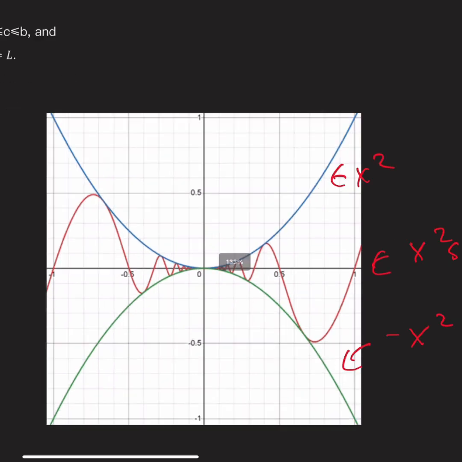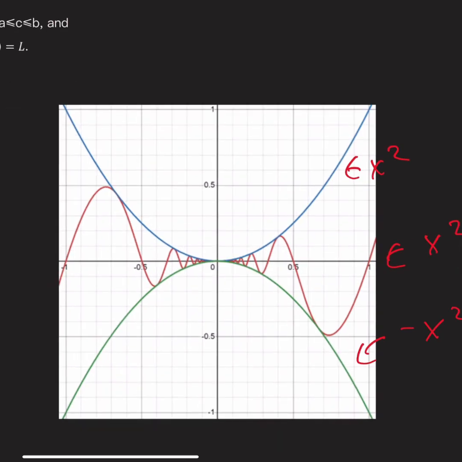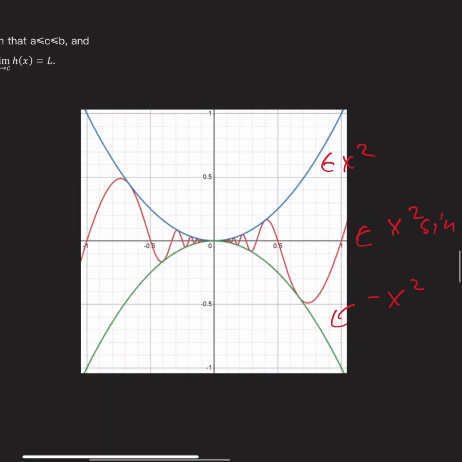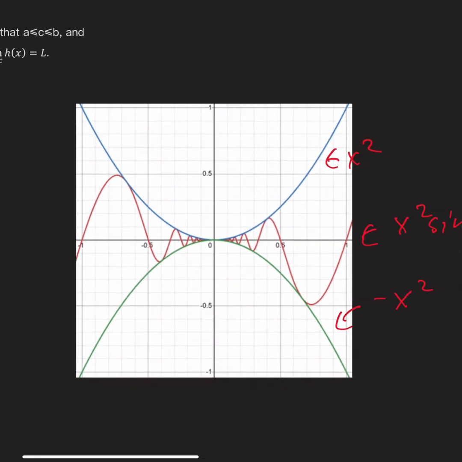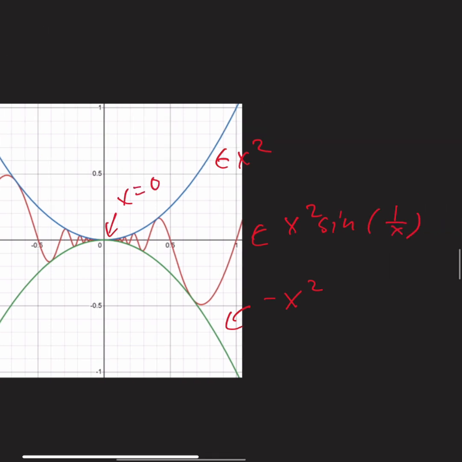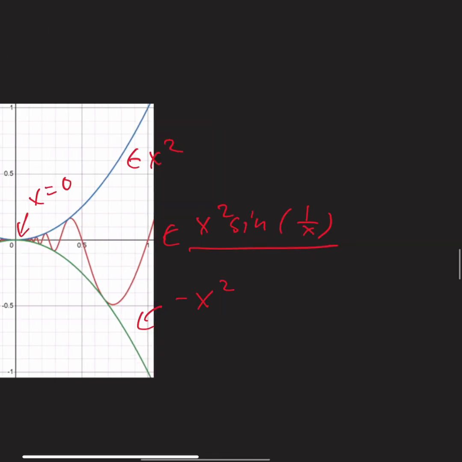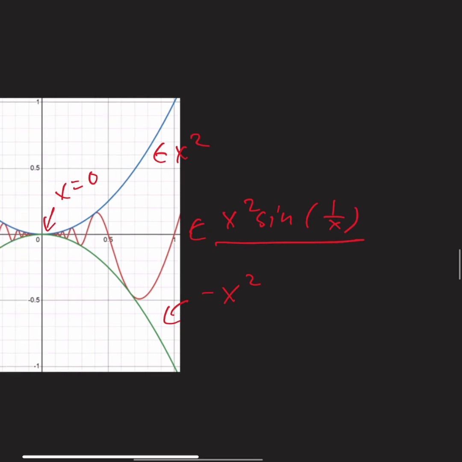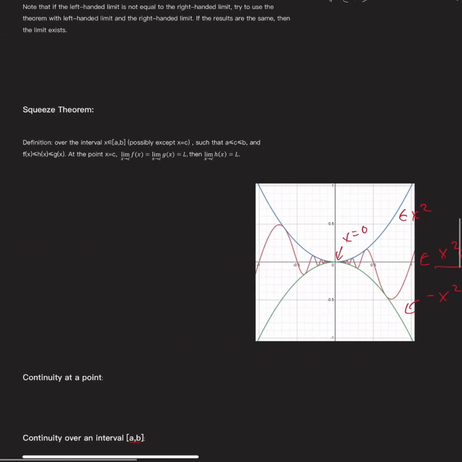And x squared is always above or equal to negative x squared. Based on the squeeze theorem, if x squared and negative x squared are equal at this point, which we can see is at x equal to 0, then this function here must be equal to 0 at x equal to 0, as the limit as x approaches 0.